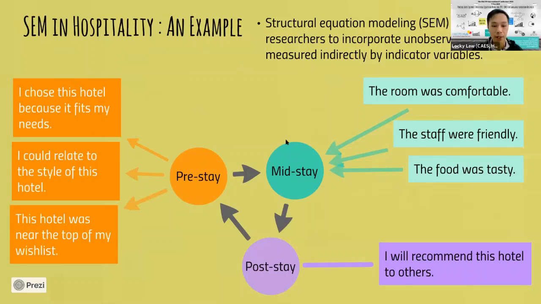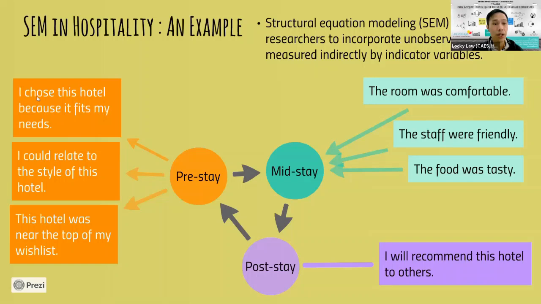If you look at the screen here, you can see that there are 3 bubbles: pre-stay, mid-stay, and post-stay. On the left side of the screen, you can see some rectangles in orange, and some of these are statements.